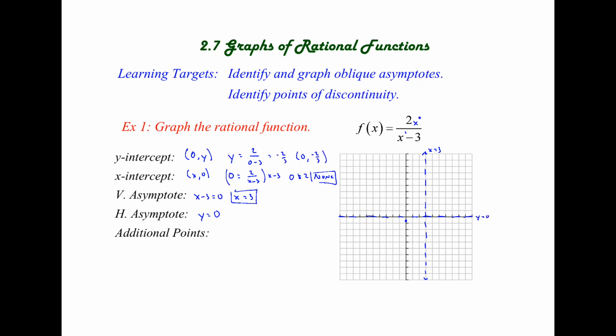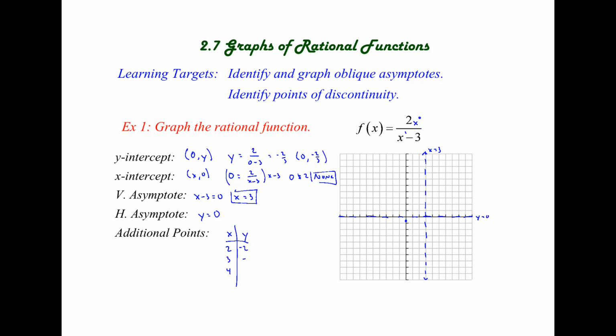So get out your graphing calculators, graph this function, and then just find some additional points that we can plot. I've already done this, so I'm just going to write down the ones that I picked out from the graph. When x is 2, y was negative 2. When x was 3, it was undefined, so you should see an error right there.